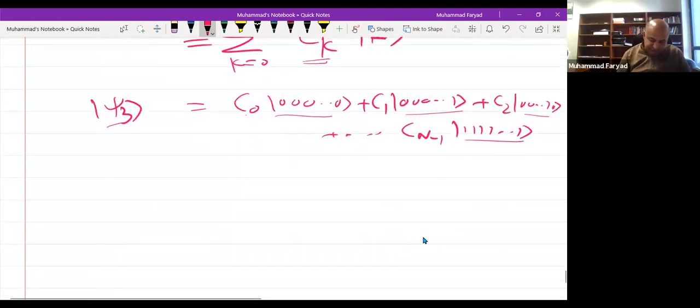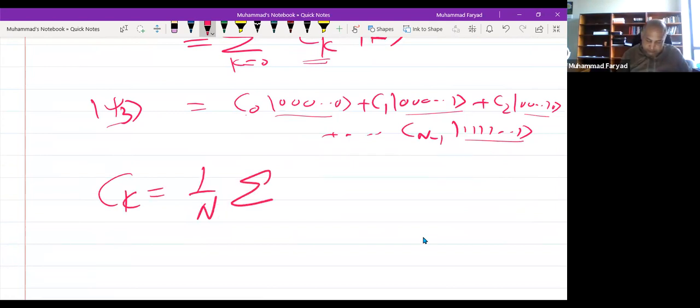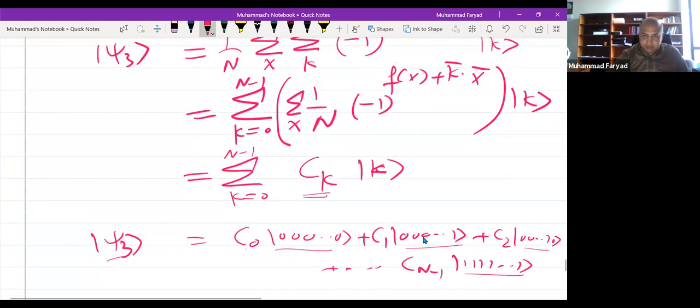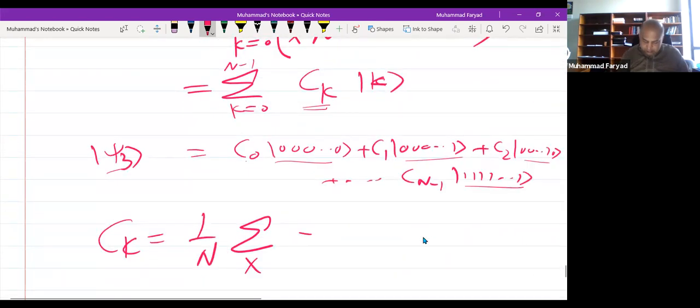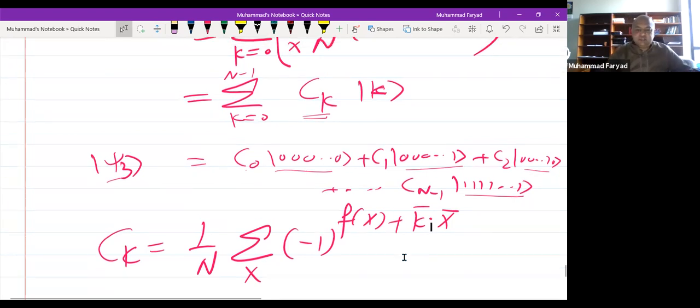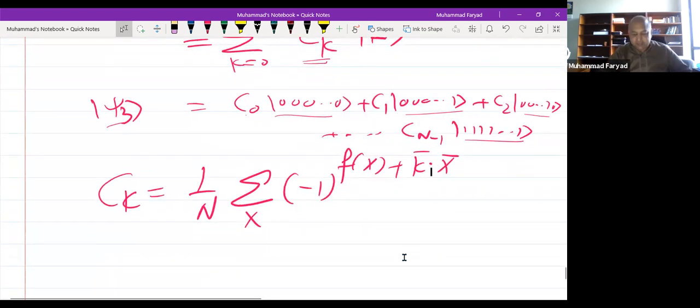Those amplitudes are given by this ck, where ck is, if I just write it, 1 over n sum over x minus 1 to the power f of x plus k dot x. And let's now see what these amplitudes are.